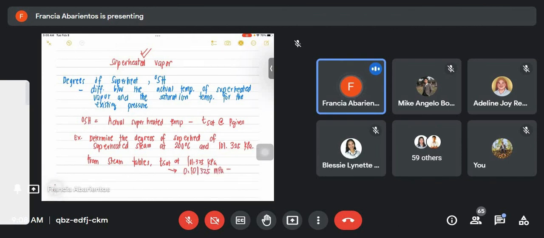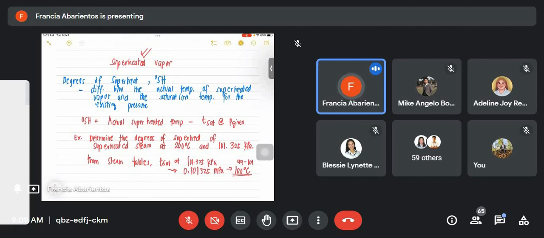Diba ang values nun is 99 to 110 or 101. So, pag interpolate mo siya, automatically 100 degrees Celsius. Okay? Assumption lang to.